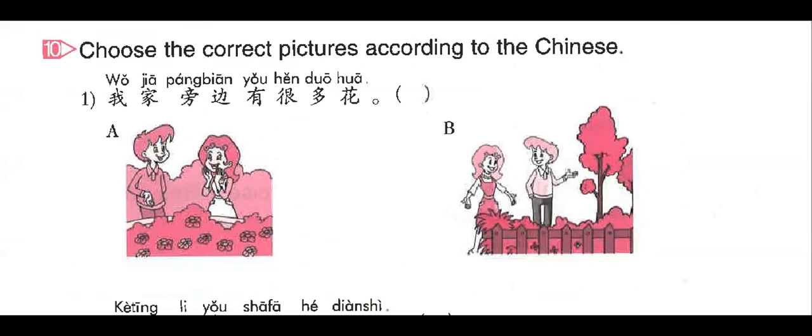This sentence means next to my house, there are many flowers. So A or B, which one is the correct picture? If you realize here we have flowers, here we don't have any flowers. So a lot of flowers here, we can say that this is the correct answer. So letter A.